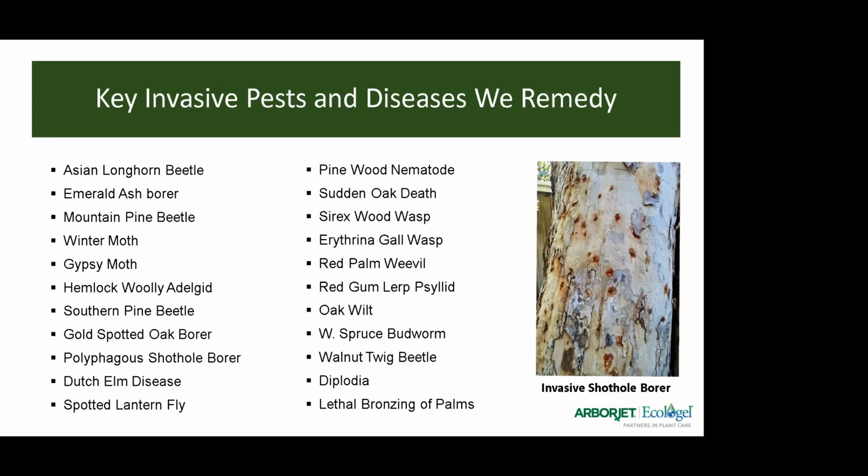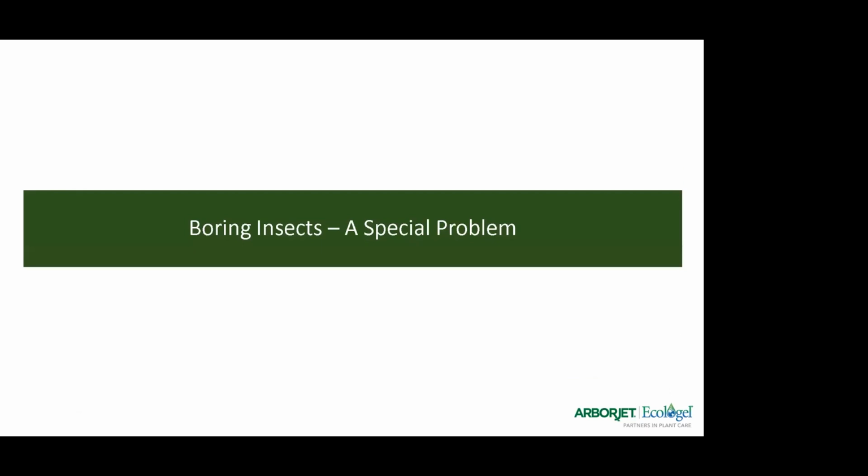These are some of the ones that cause the most problems. There's a pretty significant number of these that are actually in the boring family. That invasive shot-hole borer on the right is in a sycamore or a London plane in California. Nonetheless, these are some of the things that we can not only help you with, but also help to stop from killing trees. So let's get into the boring insects.